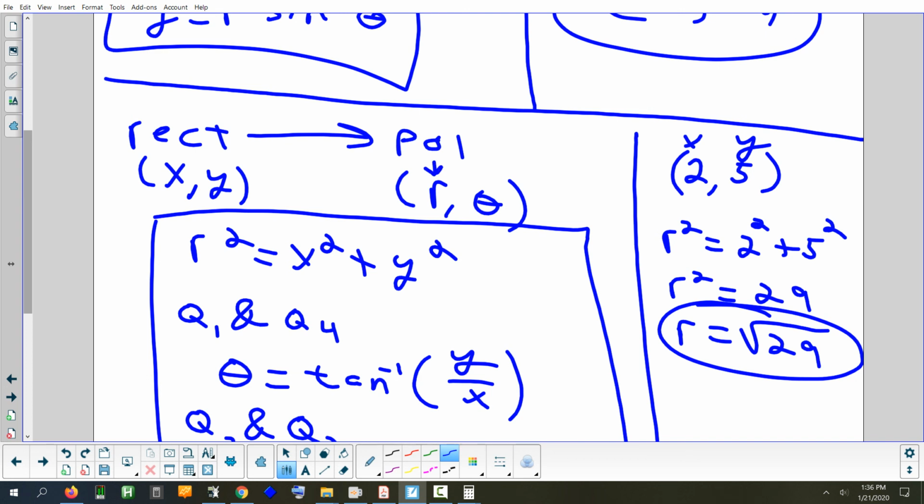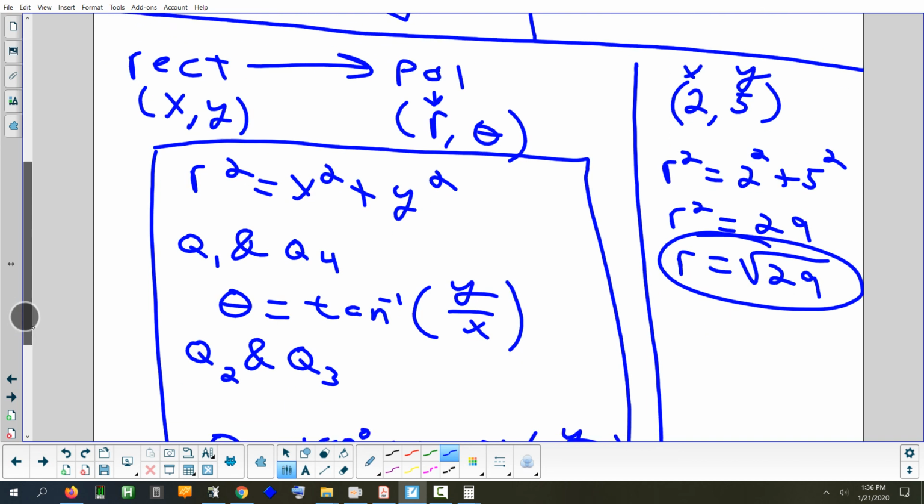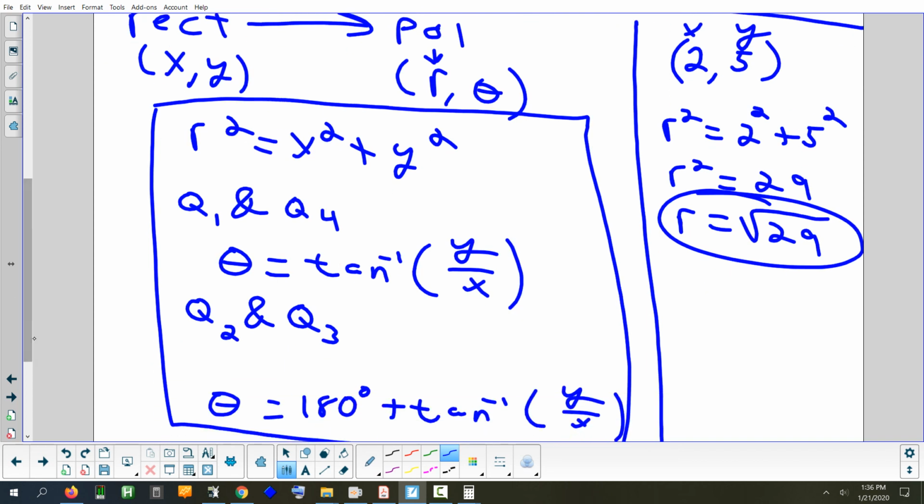Now I need the angle. For the angle, it says look at which quadrant you're in. Quadrant 1, 2, 3, 4. Each quadrant has its own formula. Now, one thing I should mention, this doesn't cover all places you could be. Instead of being in a quadrant, you could be on an axis. If you're on an axis, you'll know right away because one of your values will be 0 in the coordinate: 0 comma something, or something comma 0.